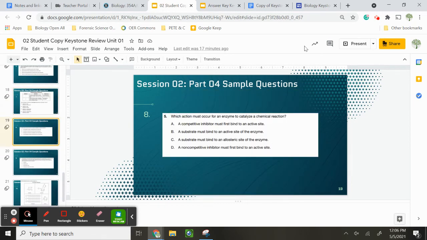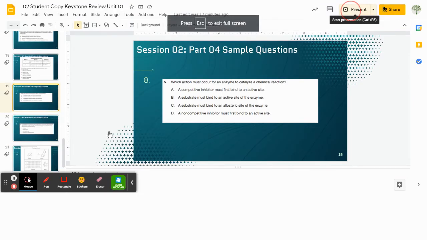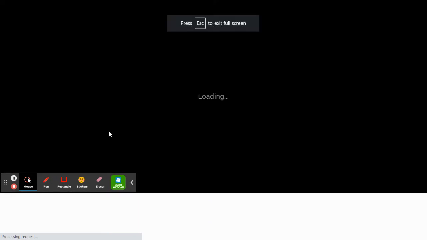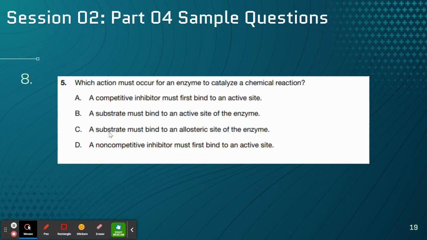Number 8, which action must occur for an enzyme to catalyze a chemical reaction? So remember, enzymes are biological catalysts. The word catalyst refers to something that speeds something up. So I gave the example of my fire pit.